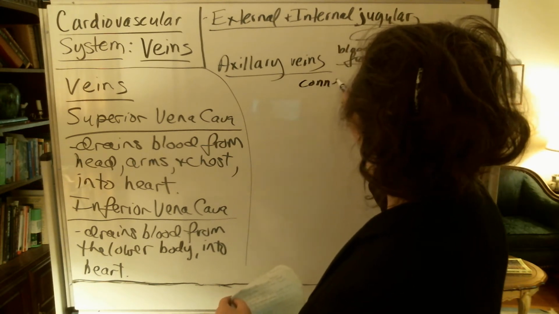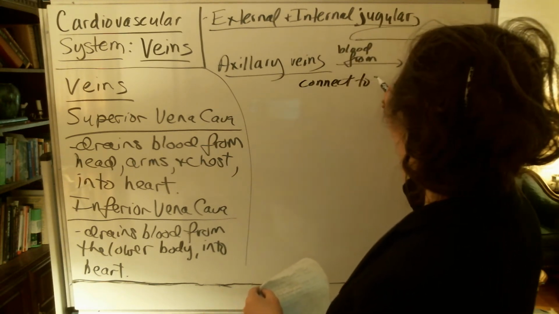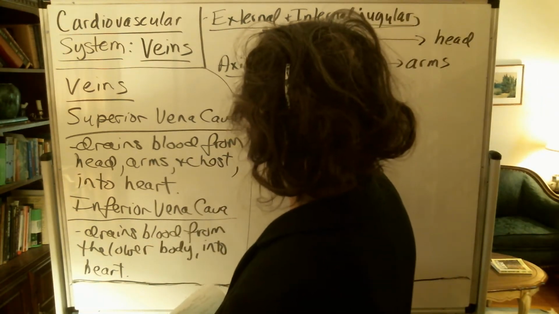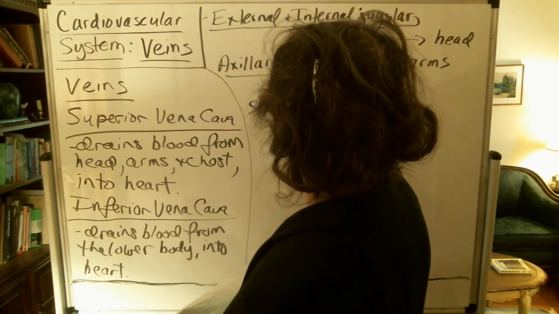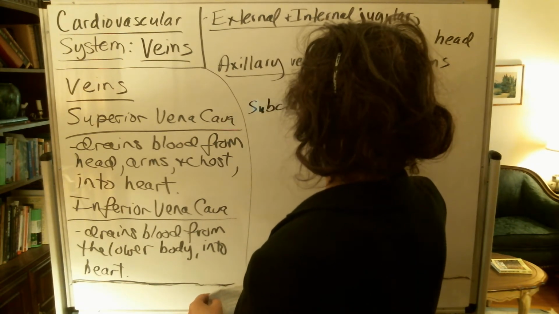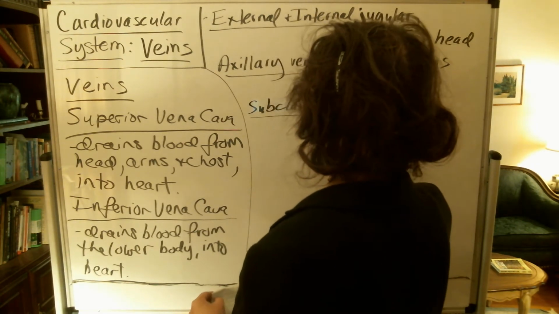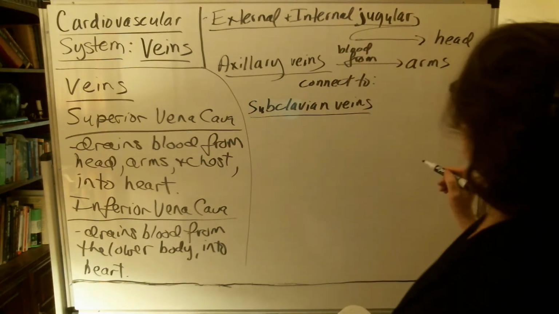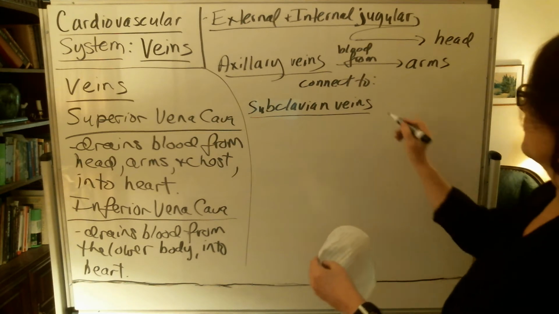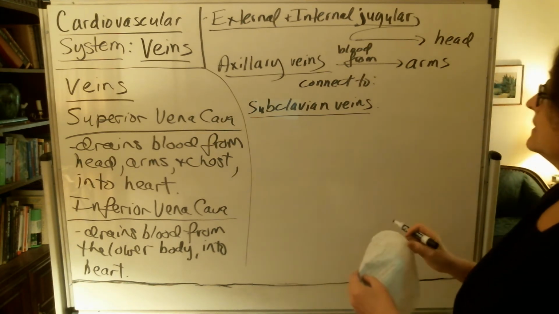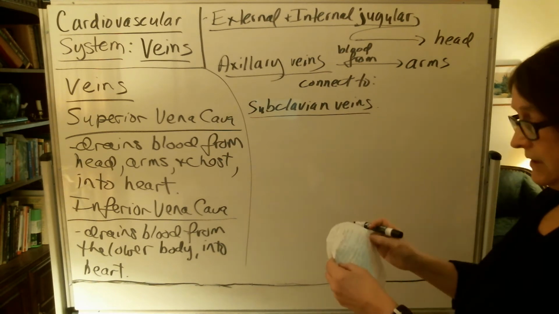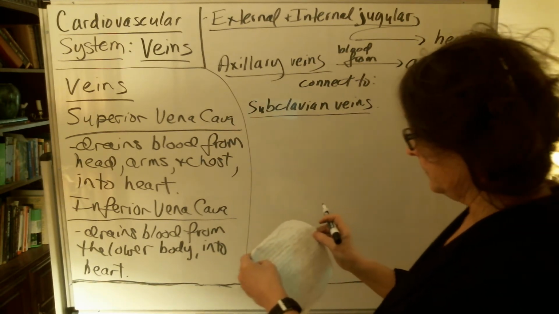And these then connect to the subclavian veins. So you can see what is happening here. We have these things slowly coming together. So the axillary veins then flow into, merge with, the subclavian veins.